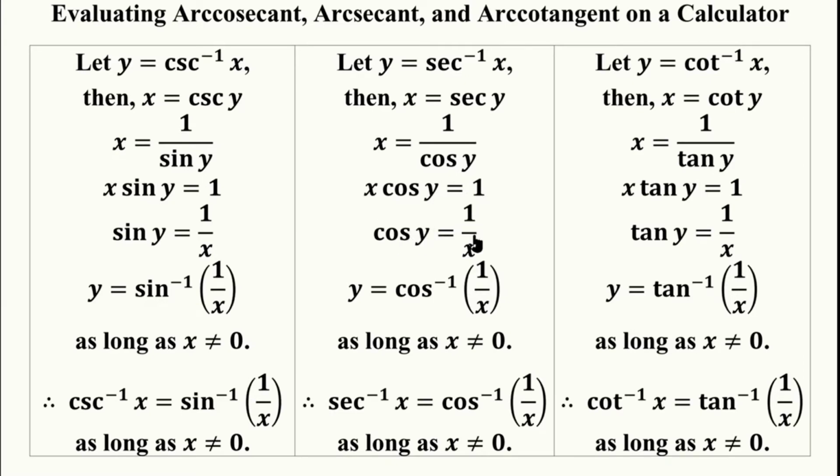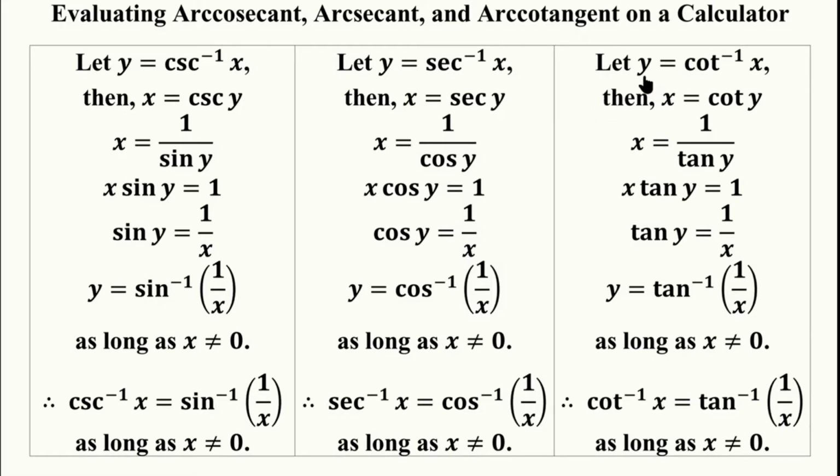So cosine y equals 1 over x, which again, by definition of what inverse cosine means, tells you that y must be the inverse cosine of 1 over x. And y is also the inverse secant of x, so those must be equal. So instead of calculating the inverse secant of a number, we can just calculate the inverse cosine of its reciprocal, again as long as x is not 0.